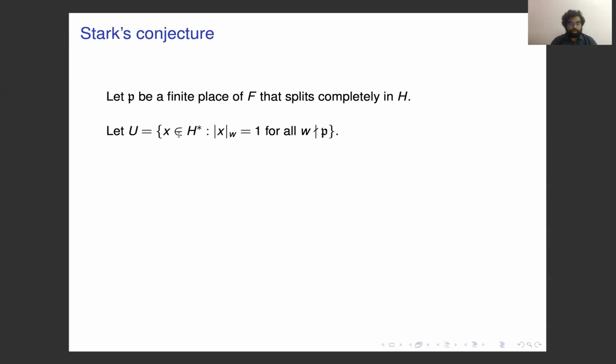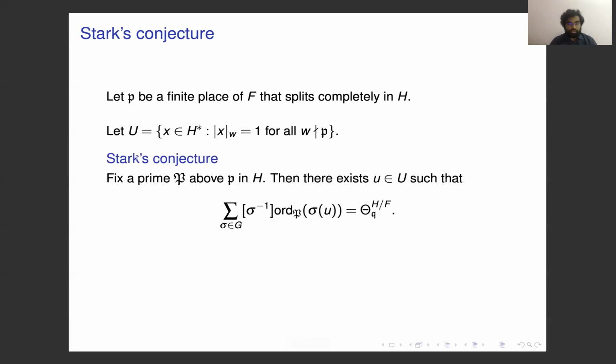And I denote by U all non-zero elements of H such that the W-adic norm of X is 1 for all places of H not lying above P. In particular, W also runs through Archimedean places. So X is what is called an anti-unit, where complex conjugation acts as -1 on X. So U lives in the minus part in particular.